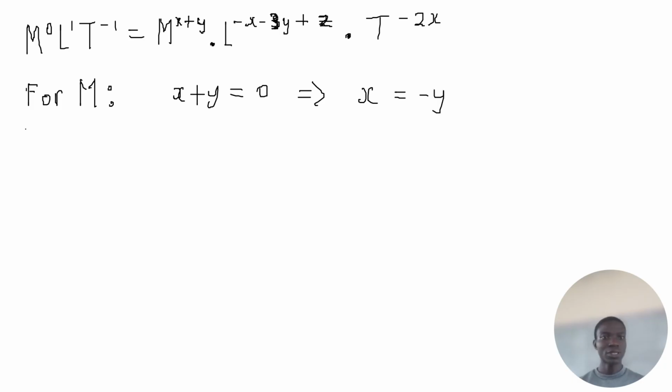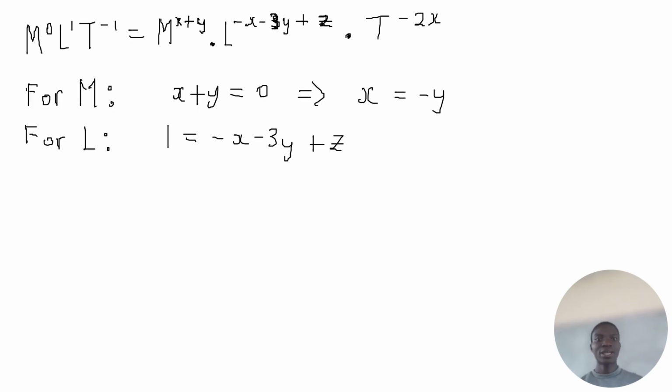And for T, or for L, let's start with L. Here we have 1 equals minus x minus 3y plus z.